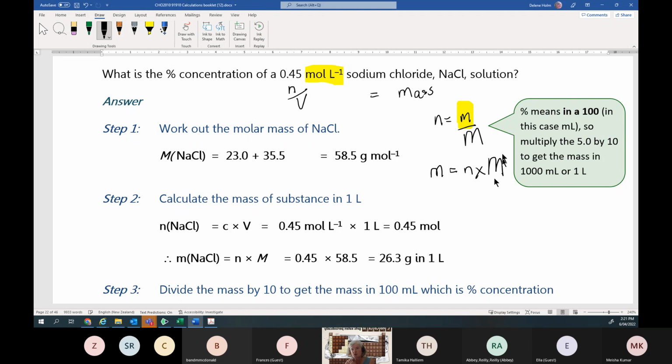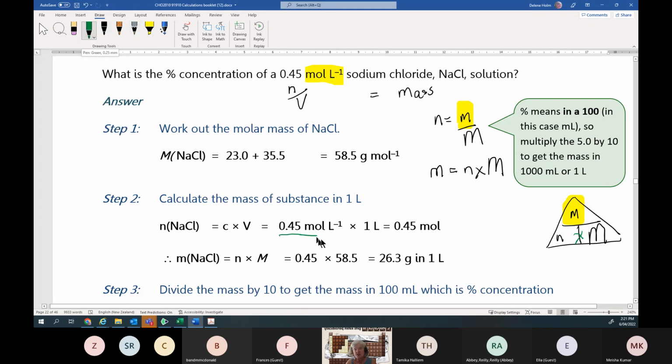If you're not sure about that, you can use that triangle where N, small m, big M. But again, you've got to remember the triangle correctly. So if I'm trying to calculate mass, then you can see I have to do the N times the big M. Okay, so you can see it's pretty straightforward. My amount is going to be 0.45 moles per liter, which means in 1 liter, I'm going to have 0.45 moles.